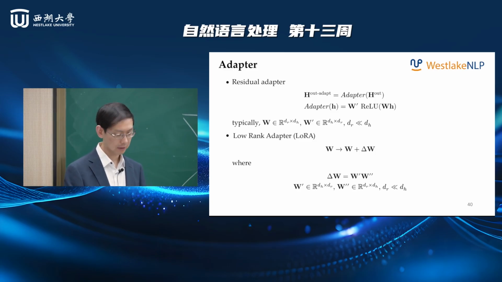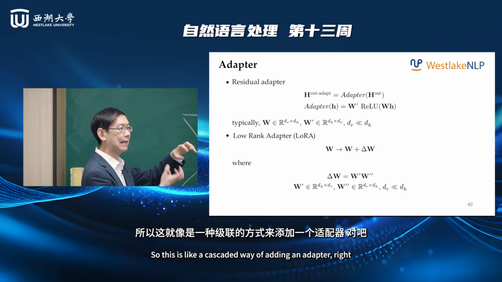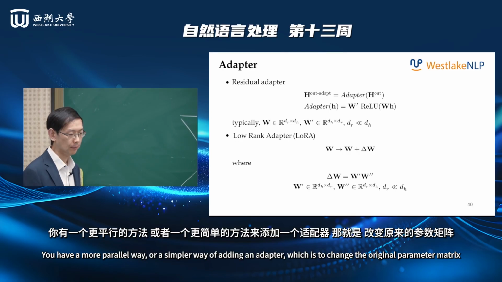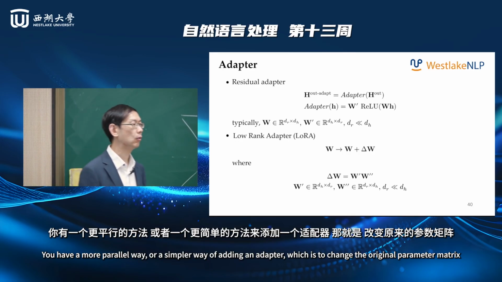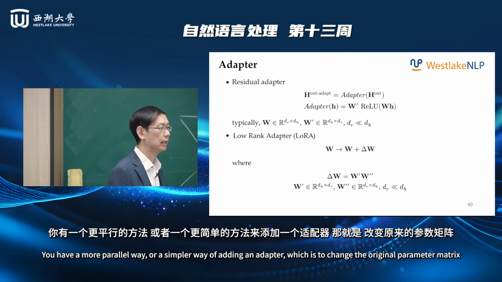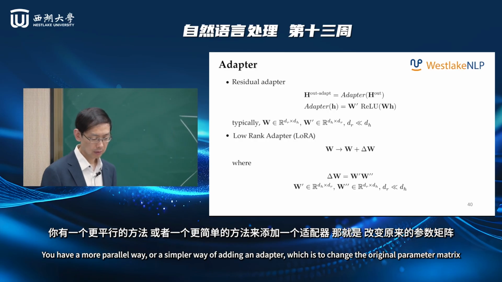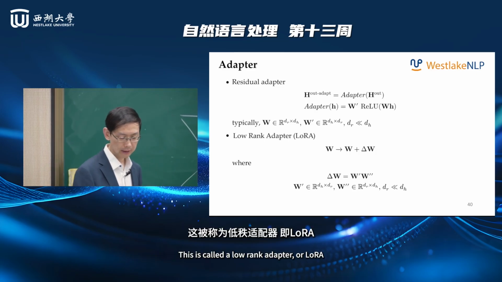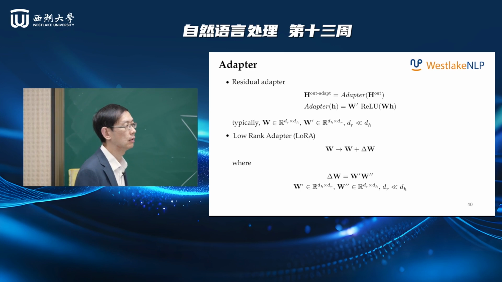So this is a cascaded way of adding adapter. You have a more parallel or simpler way of adding adapter, which is to change the original parameter matrix. This is called low rank adapter, or LoRA.